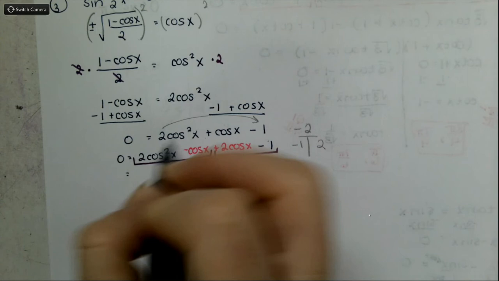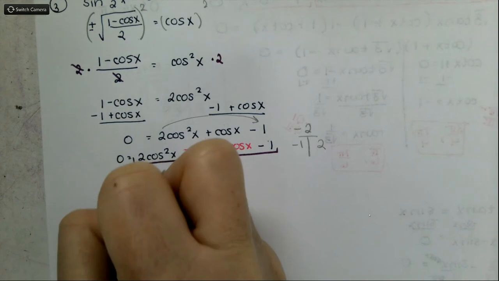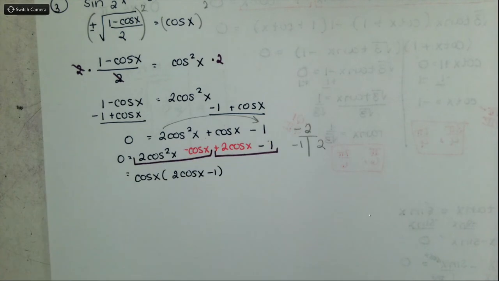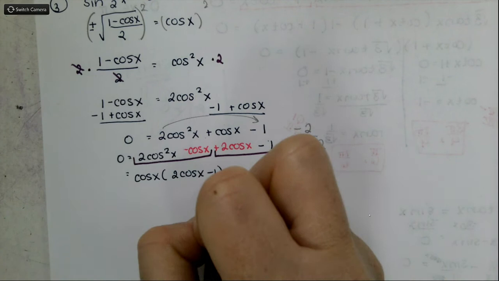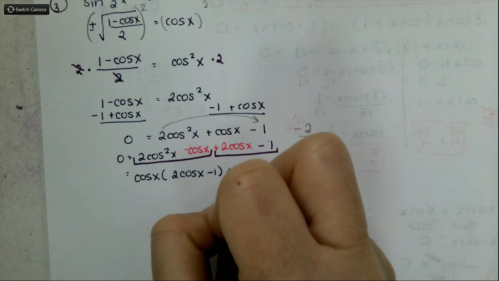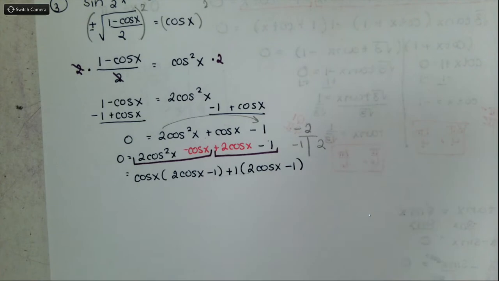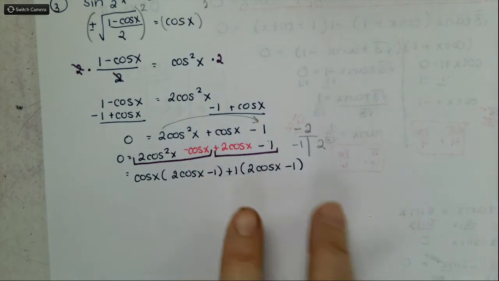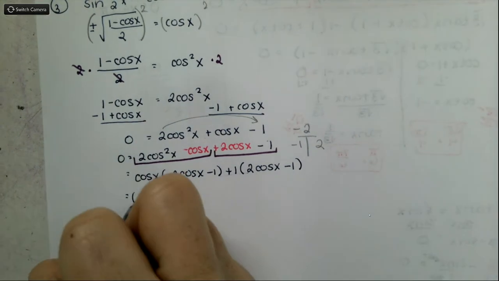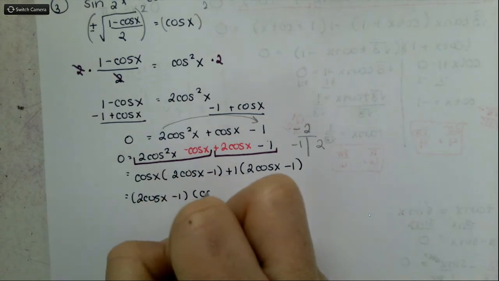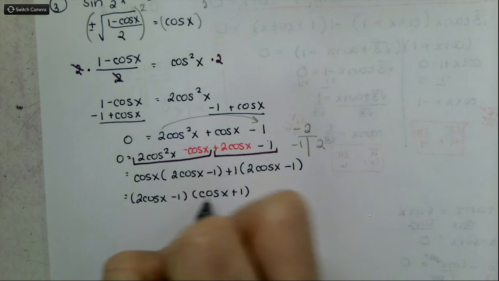The GCF of this group is cosine x. So we have 2 cosine x minus 1 left. Our second group does not have a GCF, so we put plus 1. The GCF is 1, times 2 cosine x minus 1. We have our common factor, 2 cosine x minus 1, and our leftovers, cosine x plus 1.